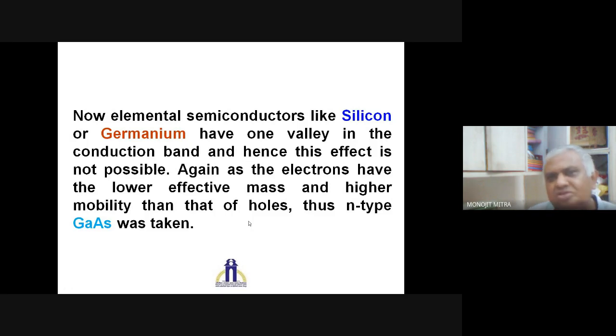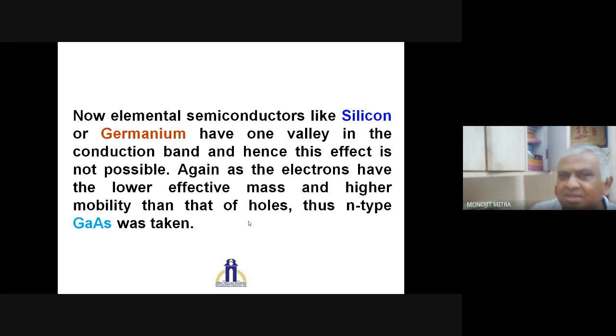Whether effective mass or real mass, in general the mass of a hole is about 1875 times greater than that of an electron. So when the transfer electron effect occurs, when electrons move from the lower valley to the upper valley, the mass of the electron is very much responsible for that.